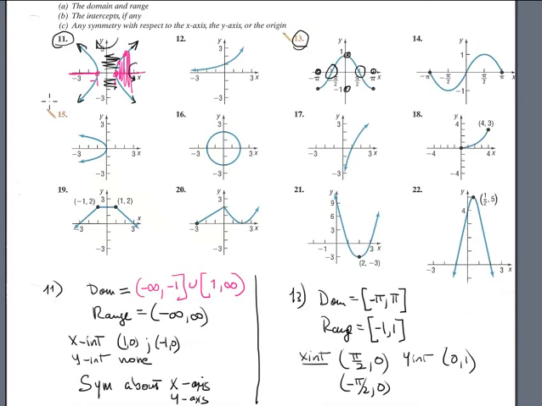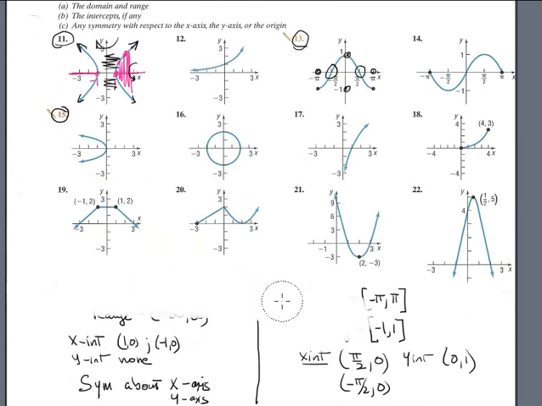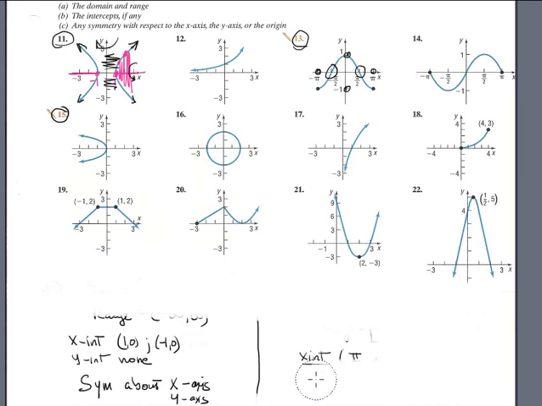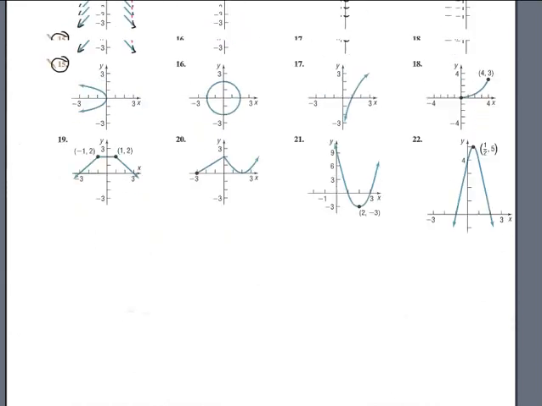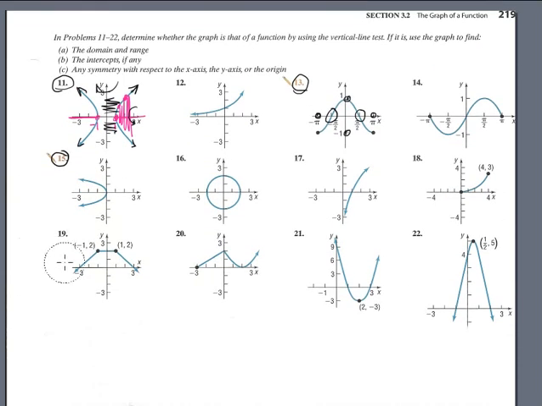Now 15. The domain is only this part. It's only from negative infinity to 0, including 0 of course.